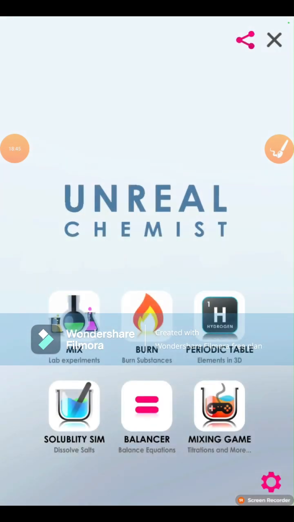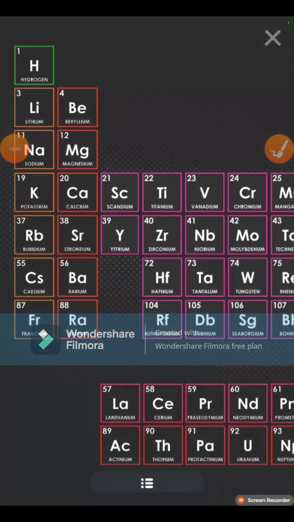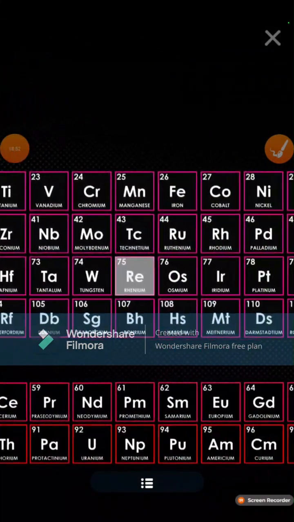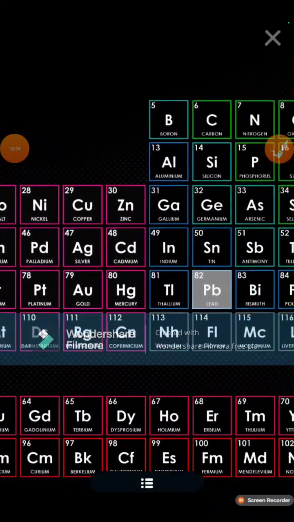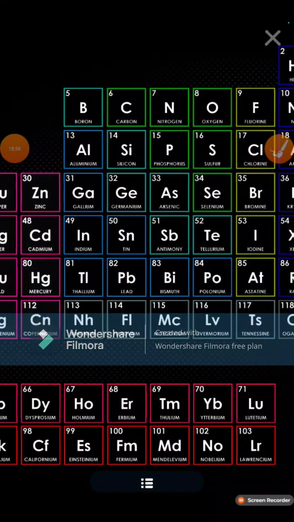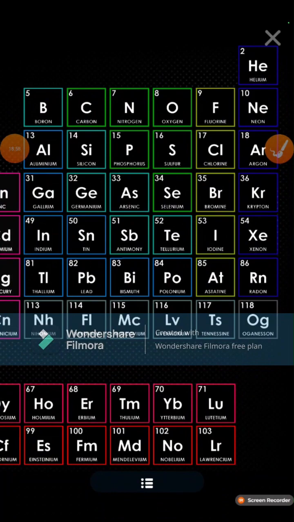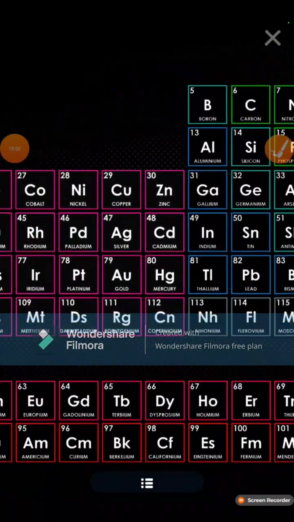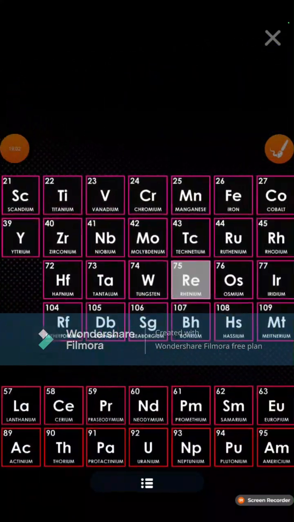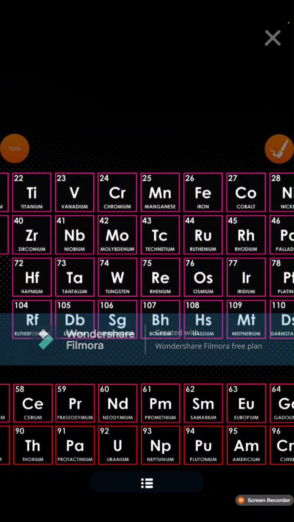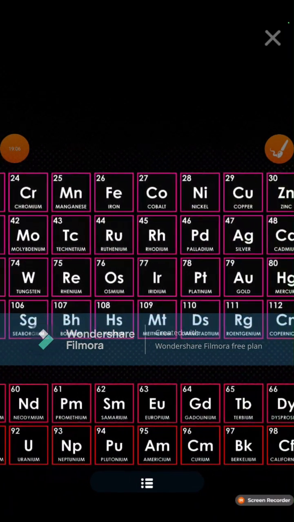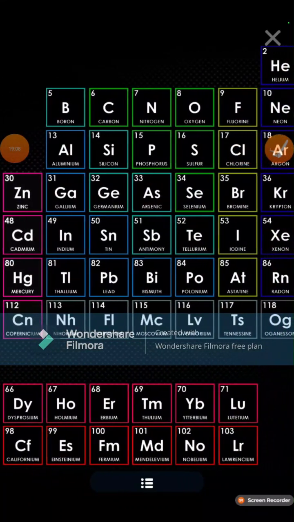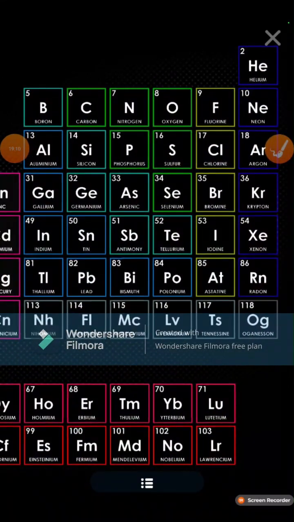Okay. So now let's try our periodic table over here. So these are all like radon, rubidium. These have all been discovered by mankind, or we can say lately discovered.